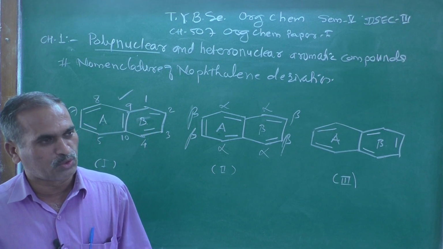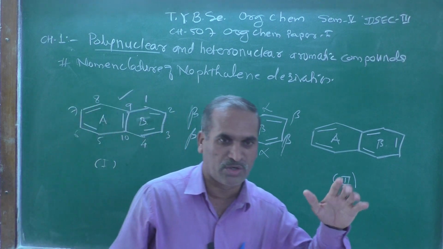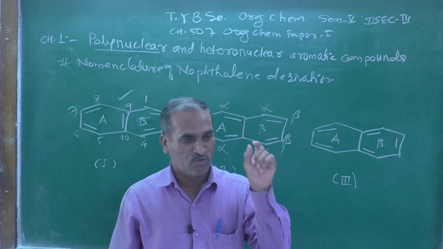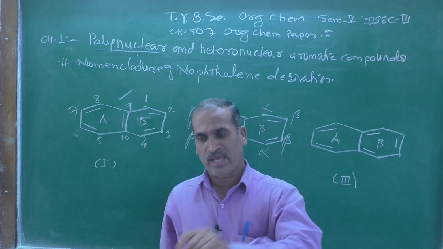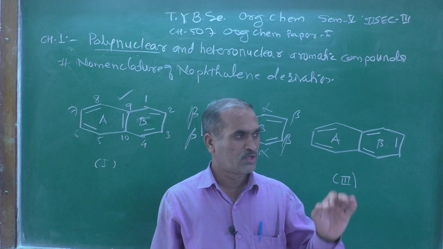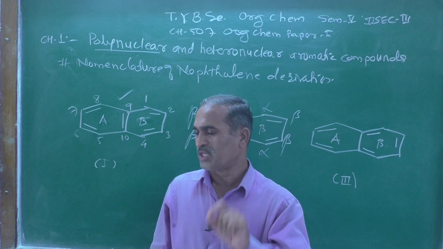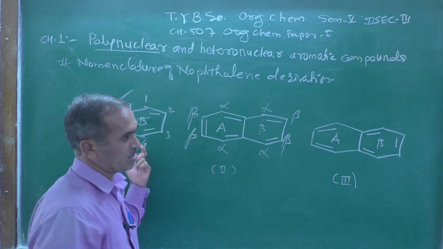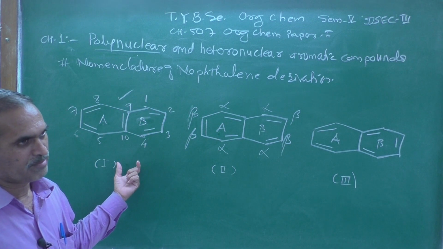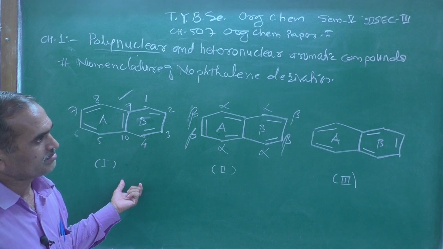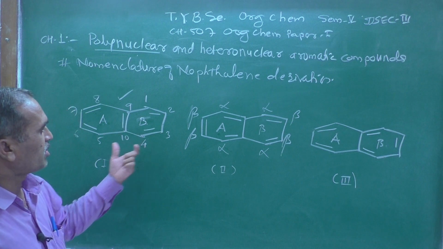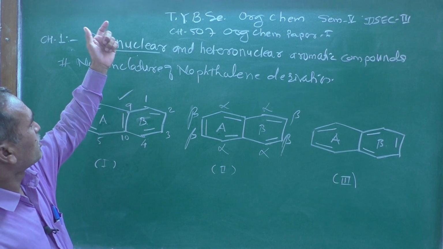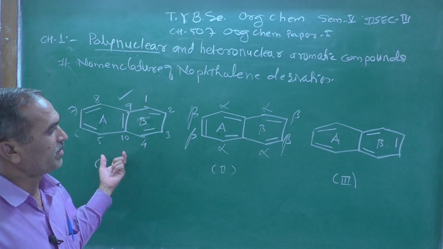It obeys Huckel's rule. It is the statement we already discussed in our previous lecture: a fully conjugated planar cyclic system which contains 4n plus 2 pi electrons is known as Huckel's rule, and this first structure is fulfilling all those essential, necessary criteria, and therefore it belongs to the aromatic compounds, which are also called polynuclear aromatic compounds.